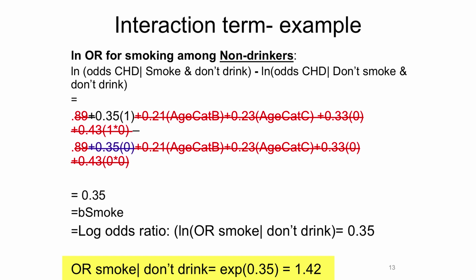If we wanted to know if this is significant, we can simply look at the p-value associated with the smoke coefficient, which is significant. We could also use the standard error associated with this coefficient to calculate the confidence interval. Remember that the confidence interval is calculated as 2 times the standard error for the smoke coefficient.